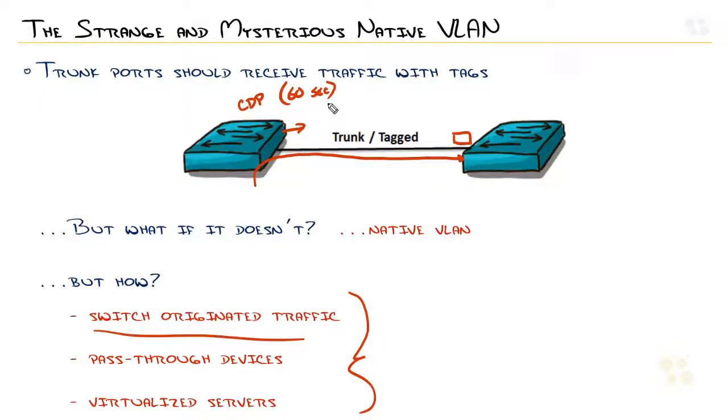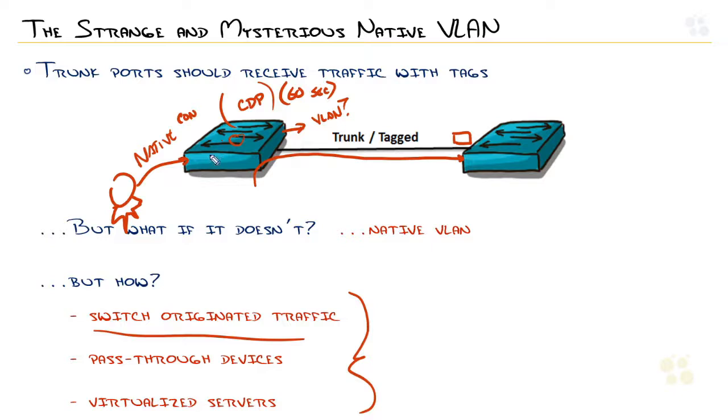So the question is, if it's sending these out every 60 seconds, what VLAN does that go on? And the answer is whatever you configure as the native VLAN. Or let's say you and I access this switch and we're managing it via the console port, just like I'm doing on the switch right now.